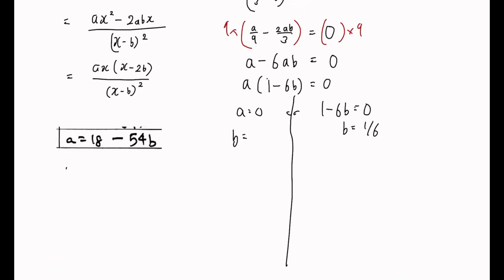So maybe I can bring the 18 over. So A minus 18 equals negative 54b. Right? So what's B equal to? B equals 18 divided by 54. Oh, there's an A here. But I thought the A is 0. Oh, right. The A is 0.